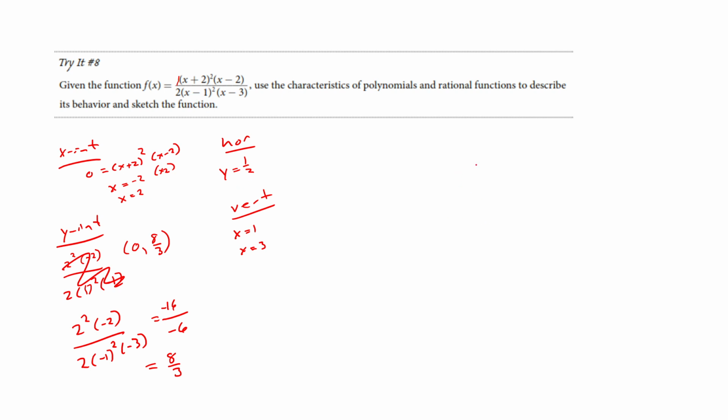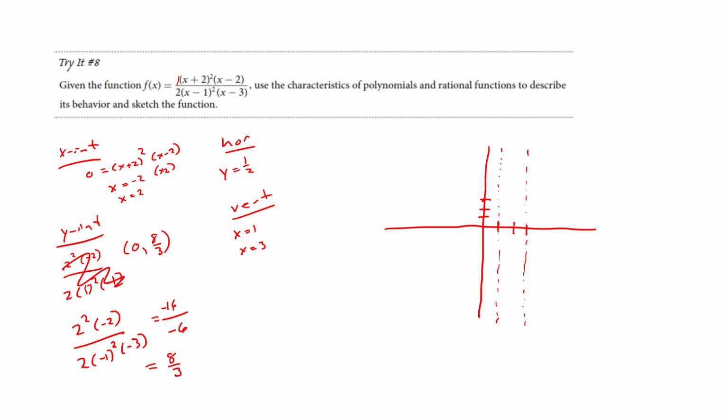So let's start building it, and I'll tell you what our options would be. So I've got vertical asymptotes here, and y-intercept is 8 thirds, right about there.